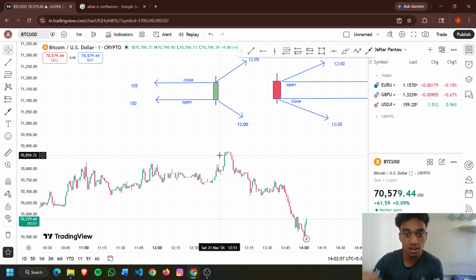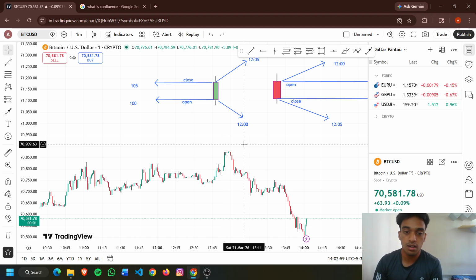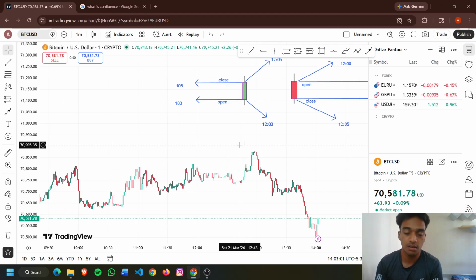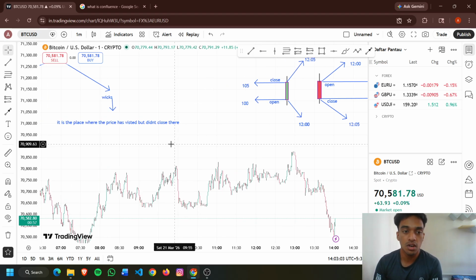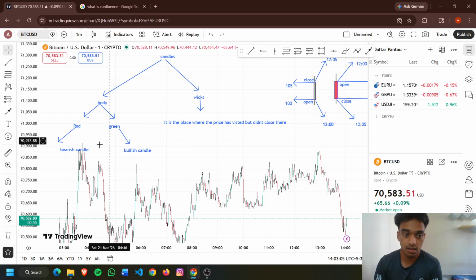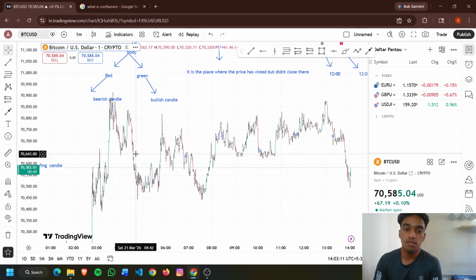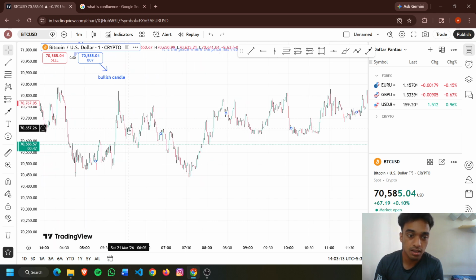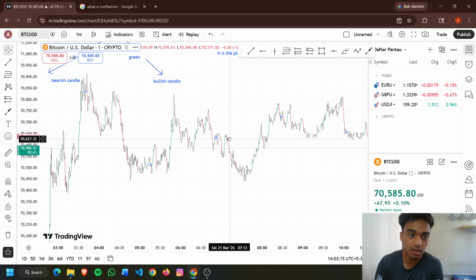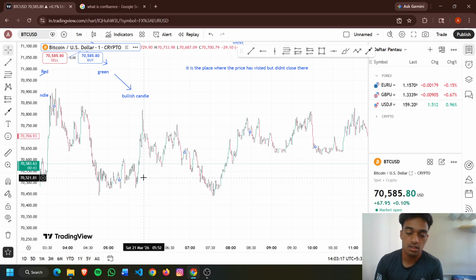In this example, you can customize it as well. I've shown you in the previous video of TradingView. And then there's the wick. And body, I'm just showing it as green and red. For this example, the red one is a bearish candle and the green one is a bullish candle.